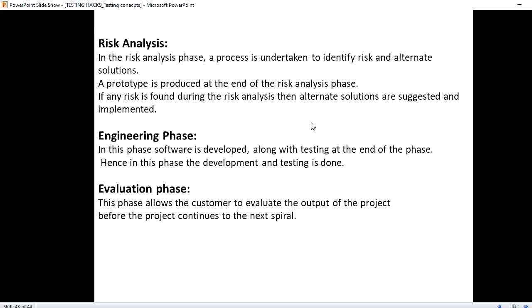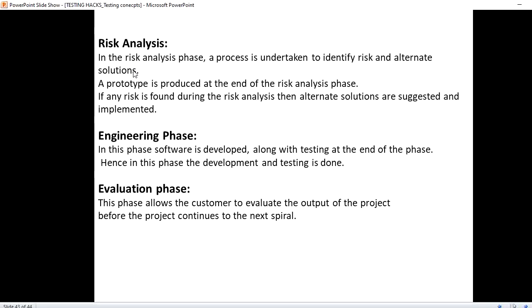We have already discussed it, but we will see again what we do. In the risk analysis phase, a process is undertaken to identify risk and alternate solutions. If there is some sort of risk, another measure can be taken to prevent that risk, or they can take some kind of action. A prototype is produced at the end of the risk analysis phase.